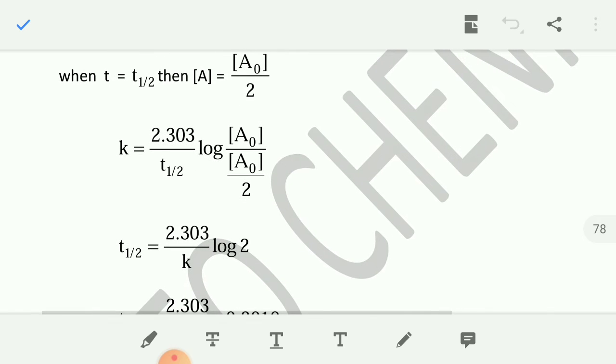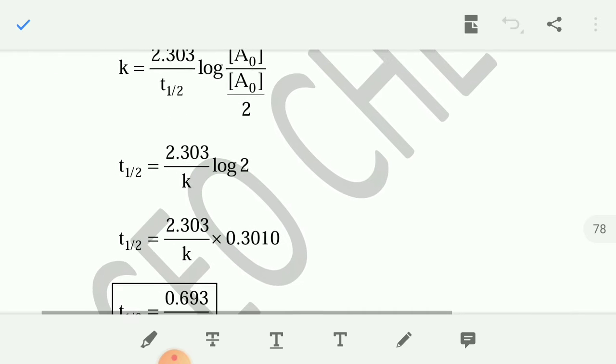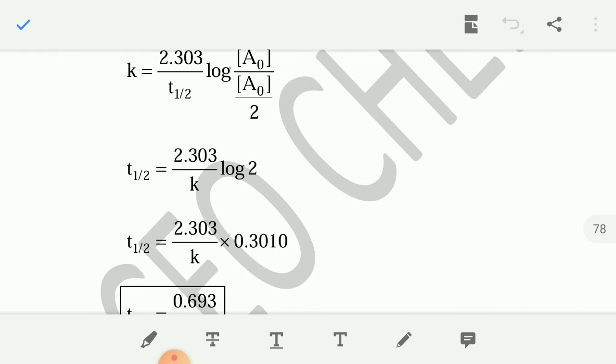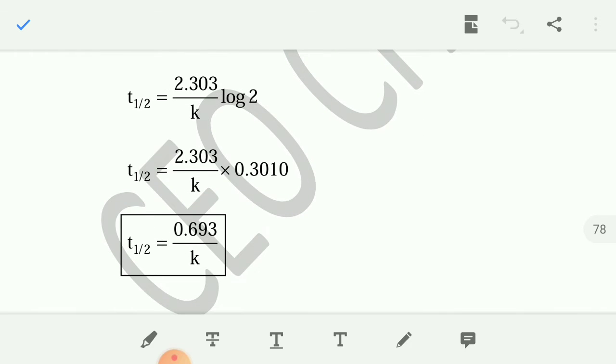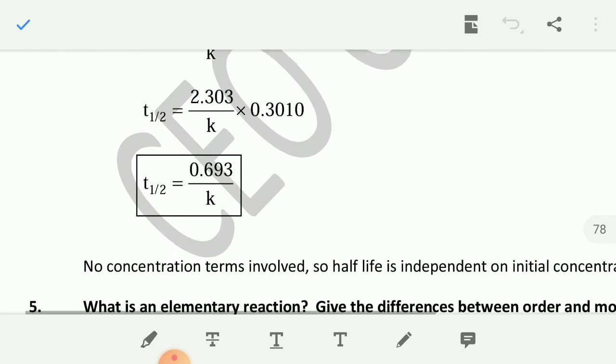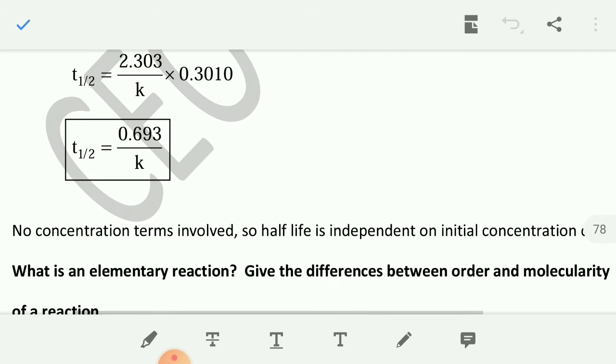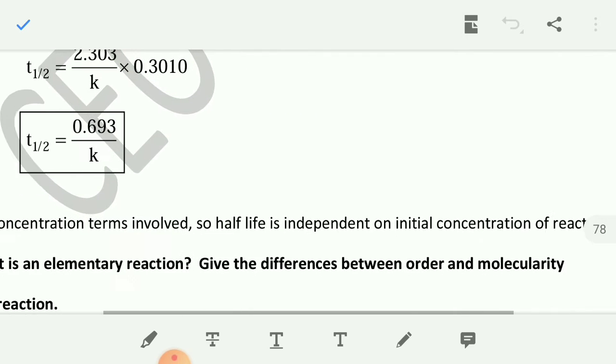So t half equals 2.303 divided by k, log 2, where log 2 value is 0.3010. So we get t half equals 0.693 by k. No concentration terms are involved, so half-life is independent of the initial concentration of the reactants.